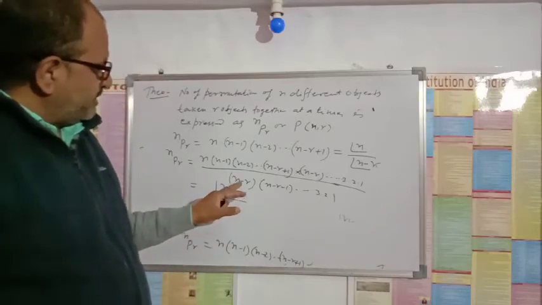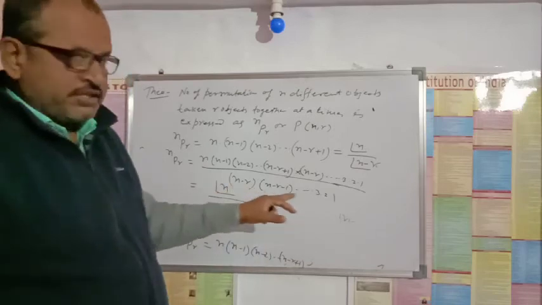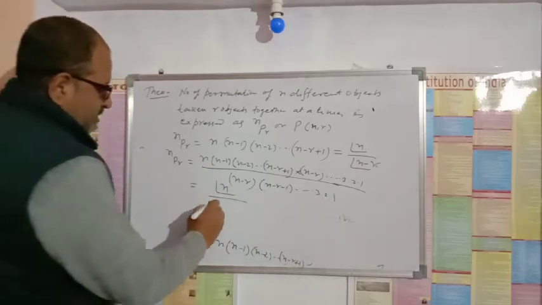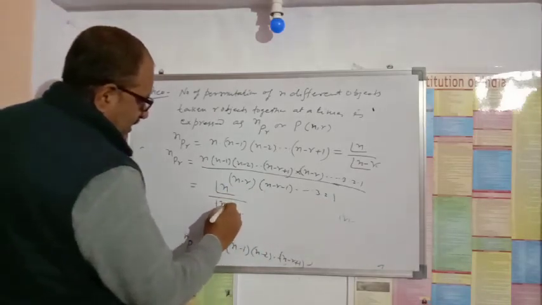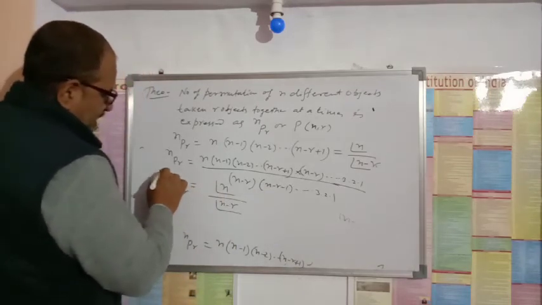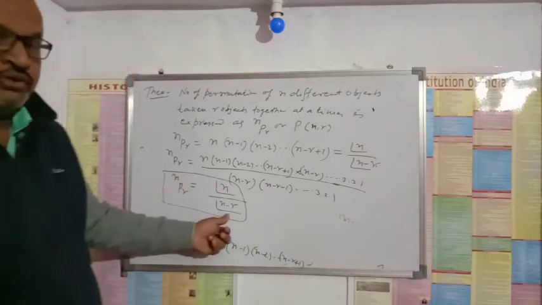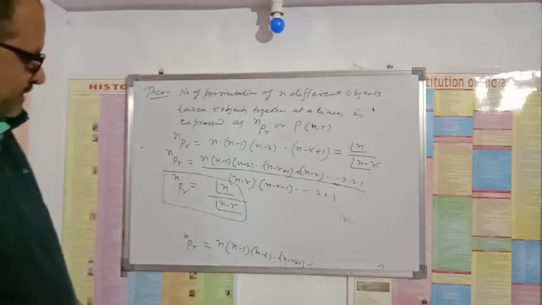And the denominator is n minus r up to 3, 2, 1 continued product, so we can write it factorial n minus r. So nPr can be expressed in the factorial form: factorial n upon factorial n minus r.